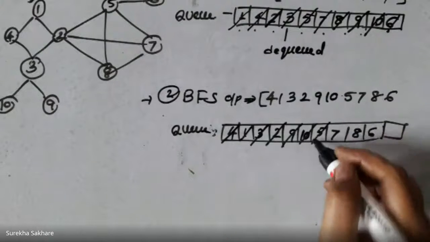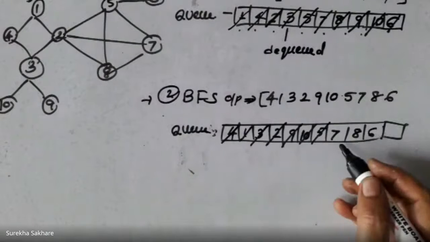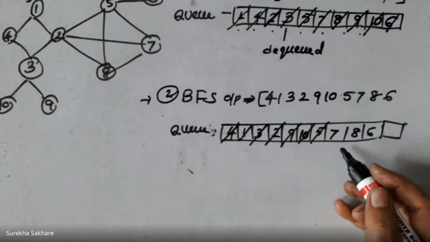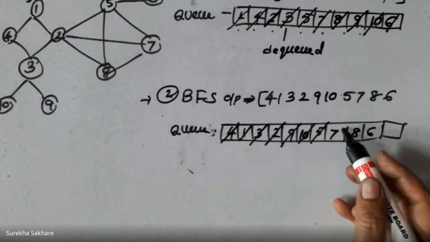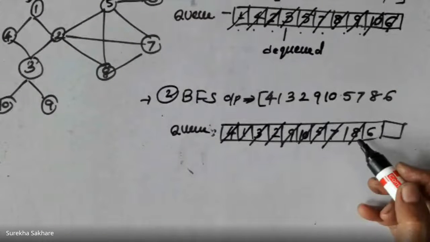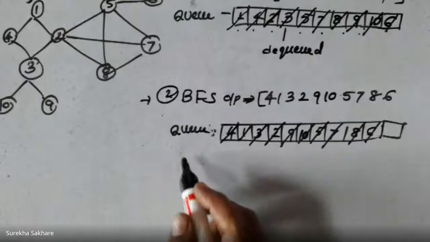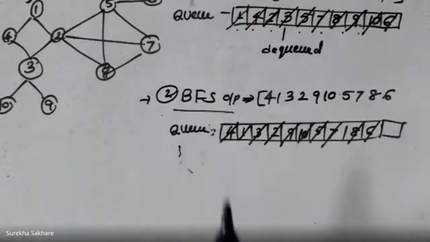Now for 7, the adjacencies are 2, 8 and 5, but they are already visited, so I will remove this, nothing to explore. Again 8 has nobody to explore. 6 also has nobody to explore because it has already been included. So my search stops. This is my BFS output for the start from 4.